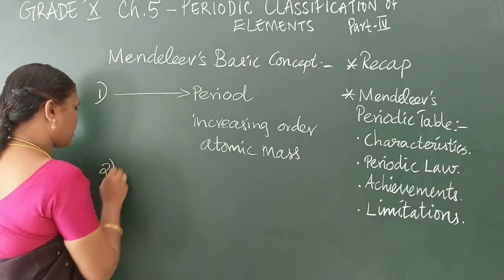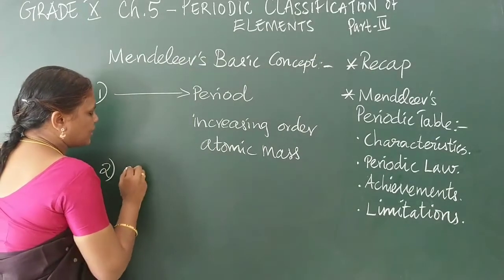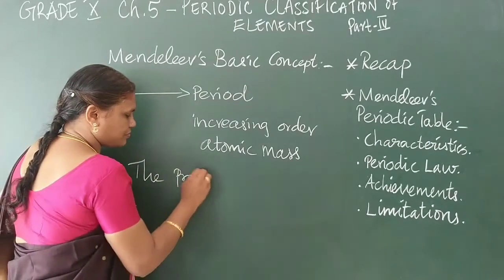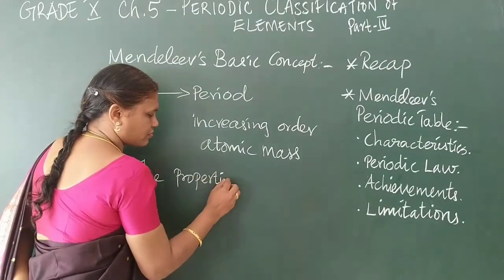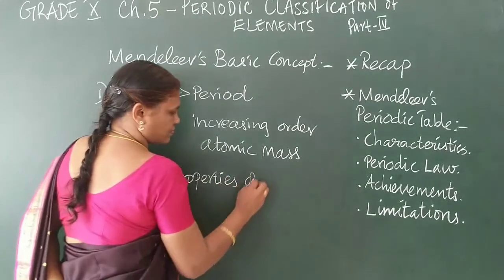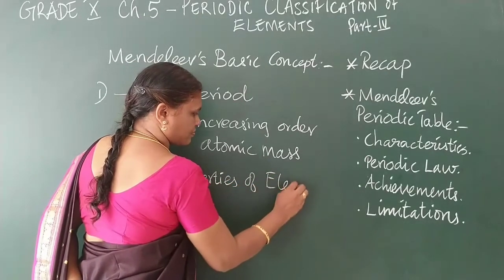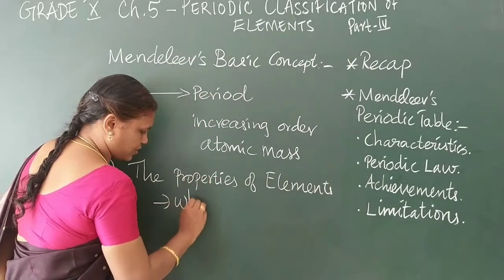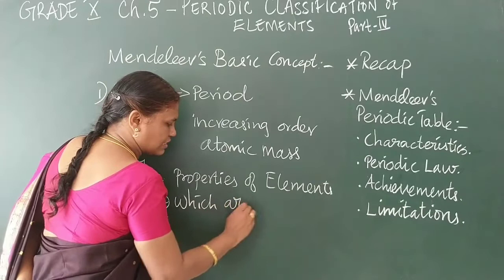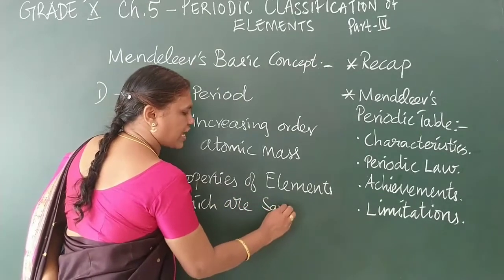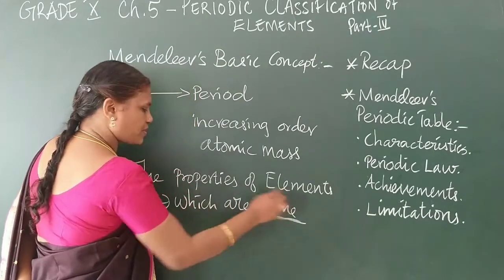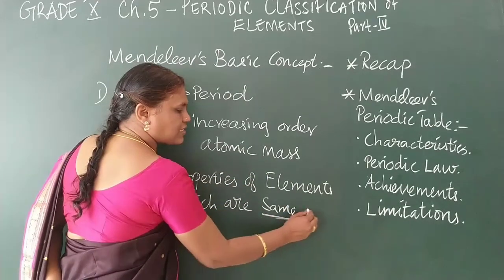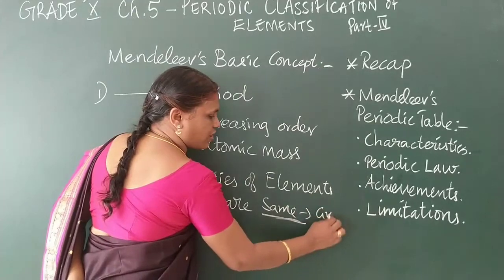The second one he has chosen is the properties of elements. The properties of elements which are similar, which have the same property, he has grouped together, and that is called a group.